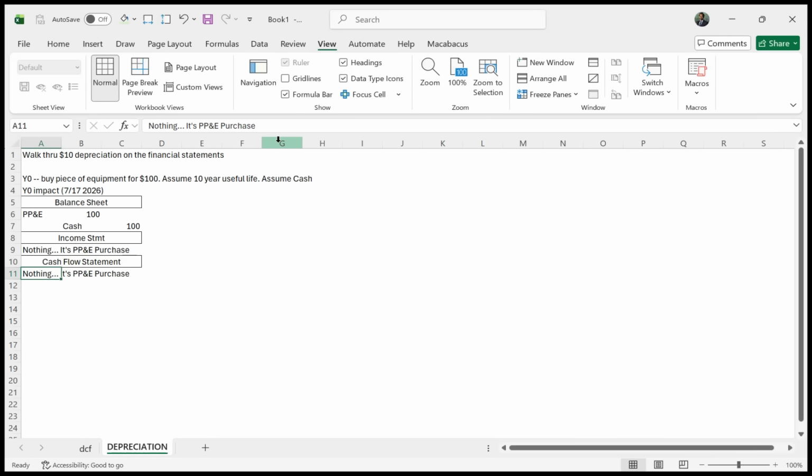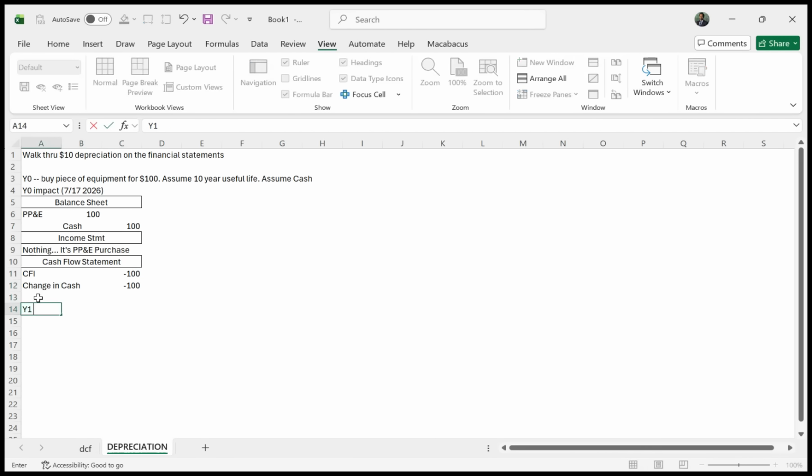Well, CFI, cash flow from investing, is negative 100, right? Which means total change in cash is also this, which would make sense. These are tied to each other. If you credit cash, it means it goes down. So that's what happens in year zero.